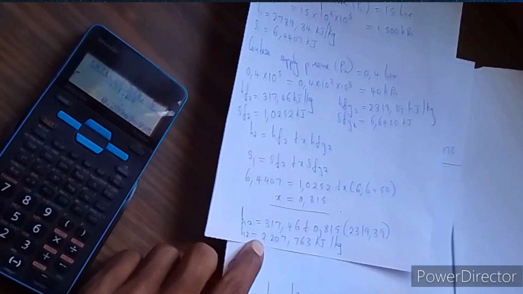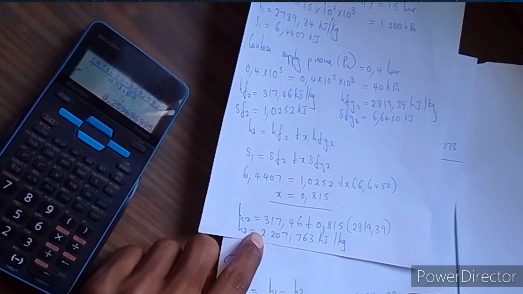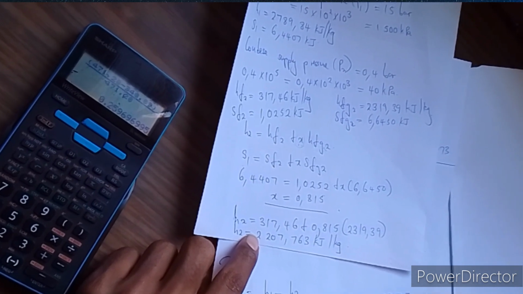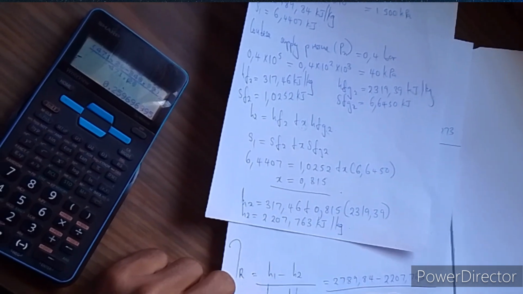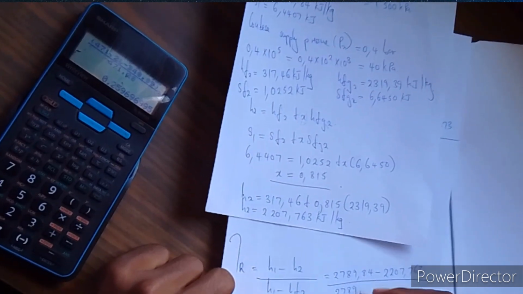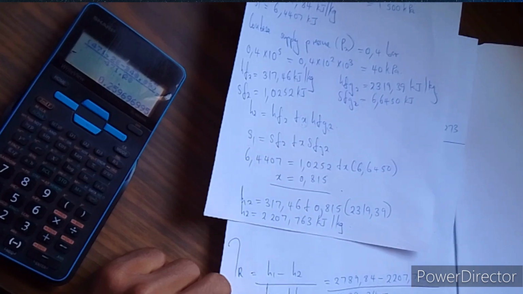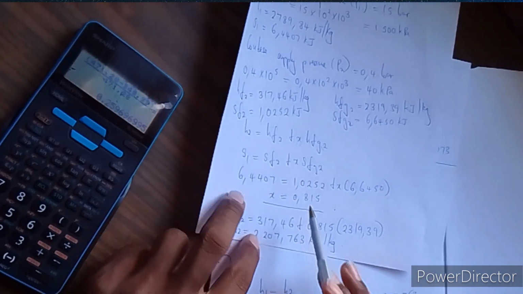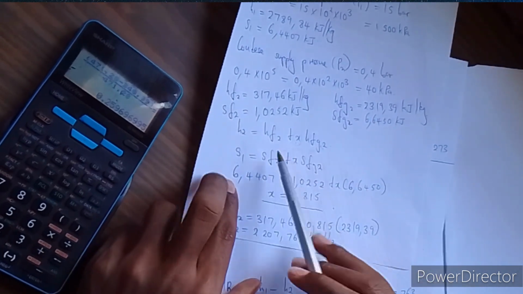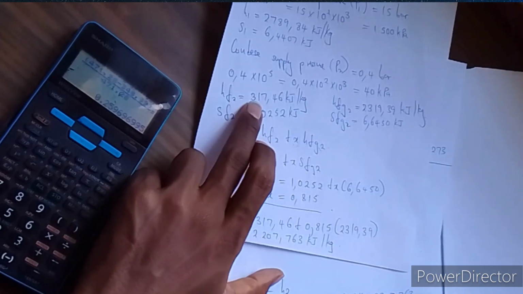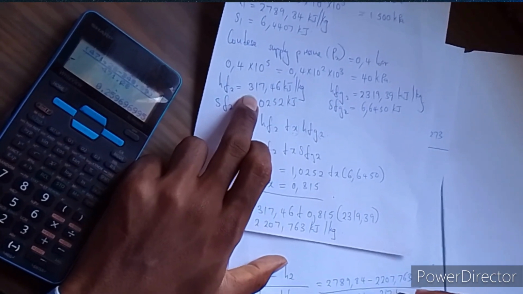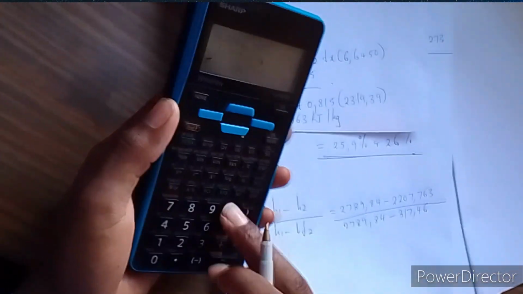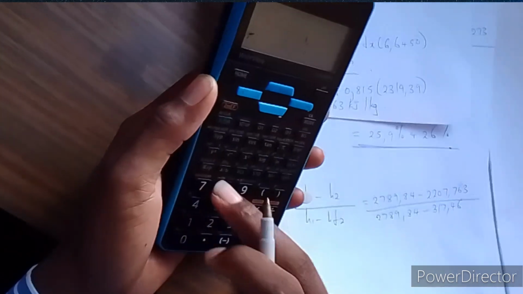Then we subtract H2, which is 2207.763, over our H1 2789.84 minus HF2. HF2 here we are going to just take it here, which is 317.46.